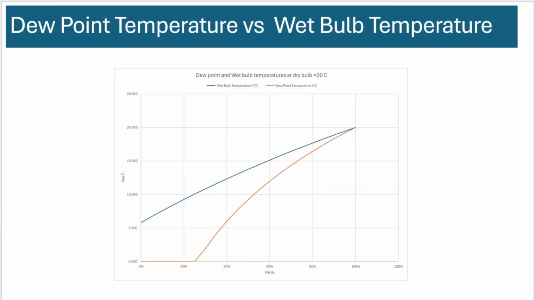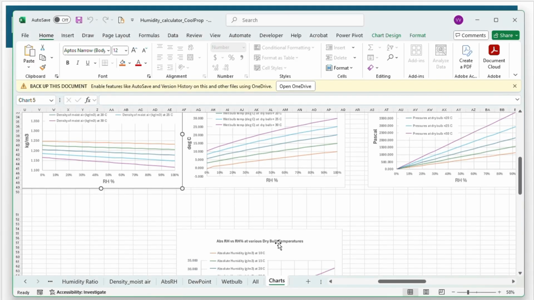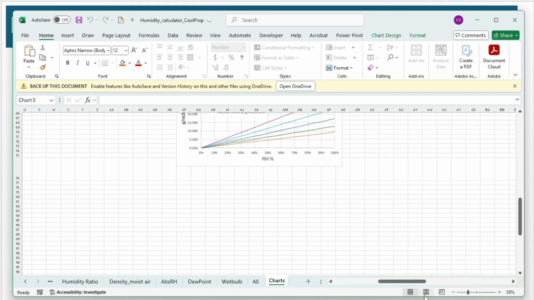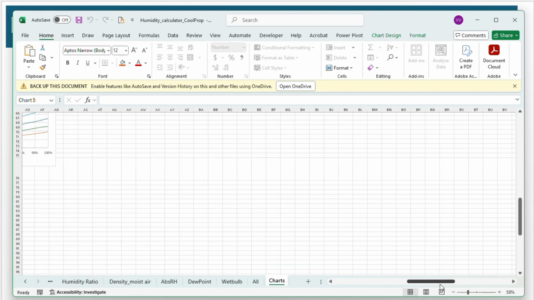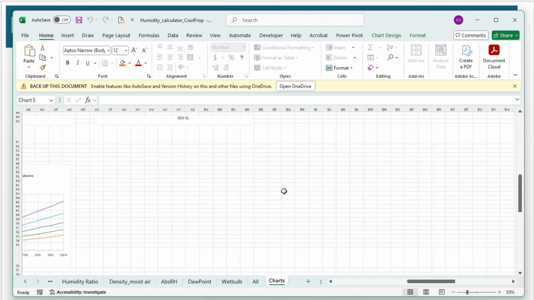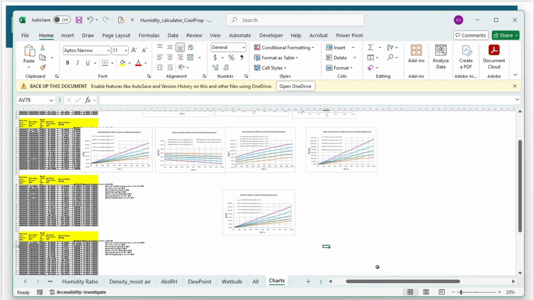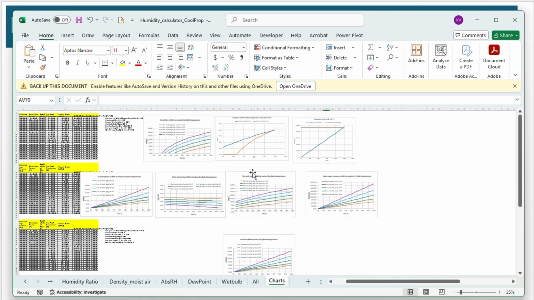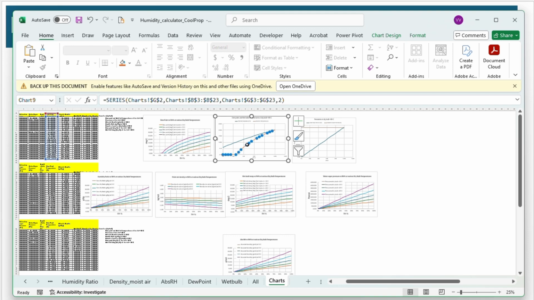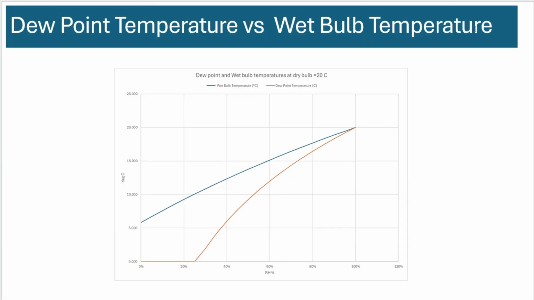You can do all these calculations in the Excel file, and all of these charts are in here, and you can verify the calculations yourself. All the plots that are listed in the coursework material are in here, and you can click on the chart and find where the data is coming from and verify the calculations.